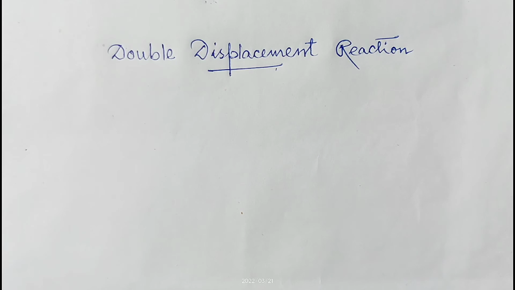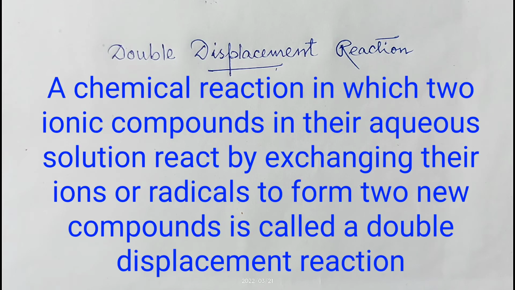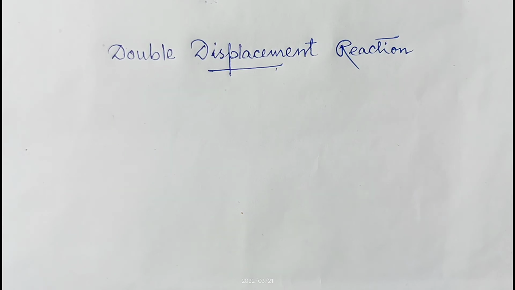Now next one is double displacement reaction. What is a double displacement reaction? A chemical reaction in which two ionic compounds in their aqueous solutions react by exchanging their ions or radicals to form two new compounds is called a double displacement reaction.